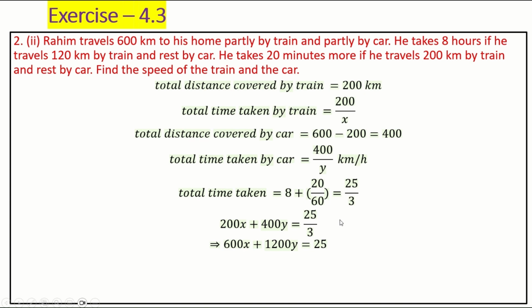So that will become 25 by 3. Sorry, this is 200 by x and 400 by y equal to 25 by 3. And if you multiply with 3, it will become 600 by x plus 1200 by y equal to 25.